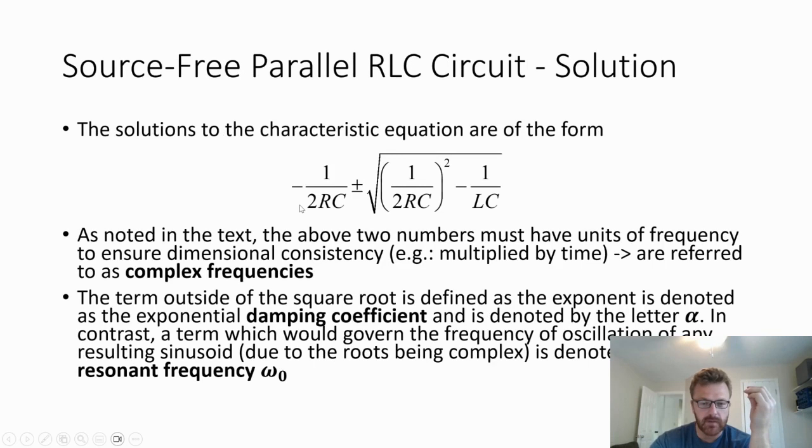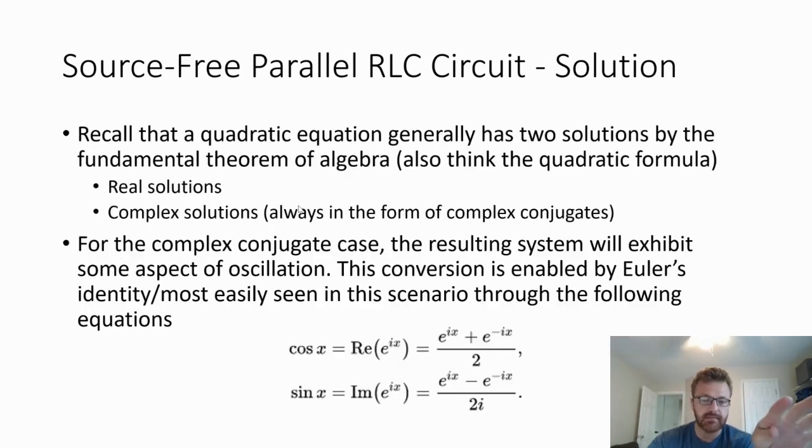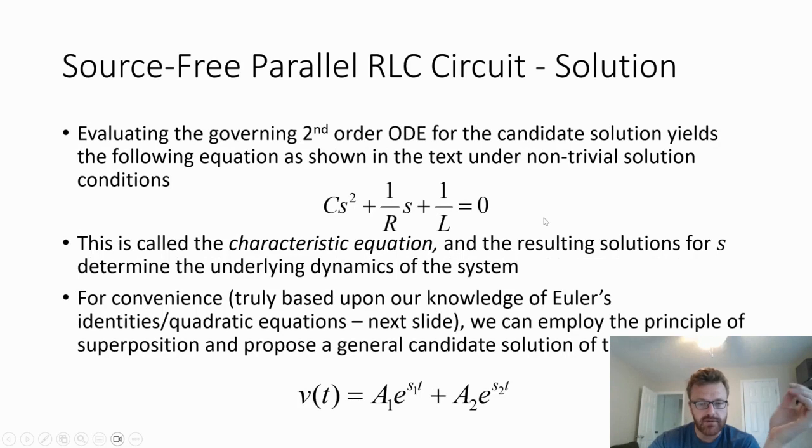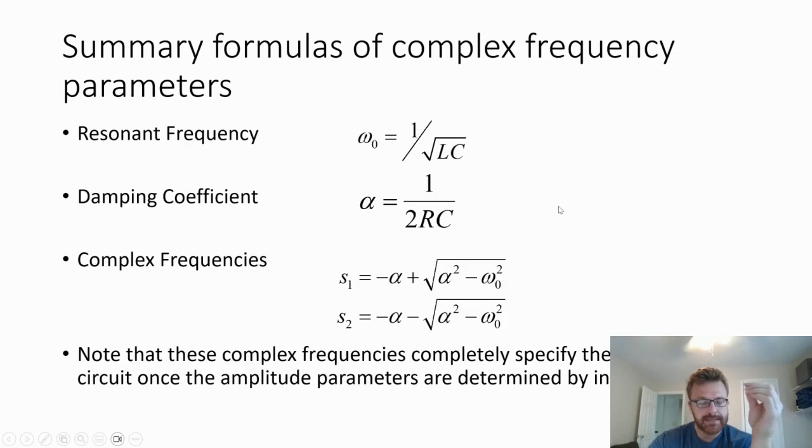So this is s1 and s2. We can rewrite them here. They're expressed in terms of R and C, which isn't surprising because we just applied the quadratic formula to here. But if we make these definitions of omega naught and alpha as a function of L and C, we can express the complex frequencies as minus alpha plus the square root of alpha squared minus omega naught squared, and this is just going to be the complex conjugate of that.